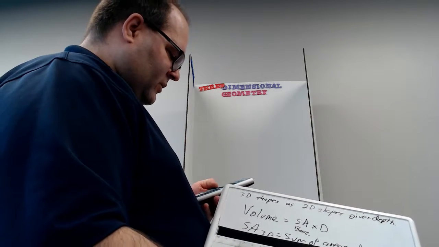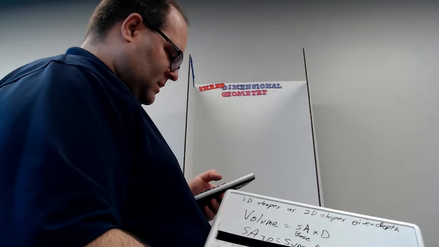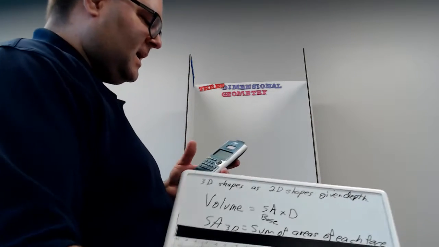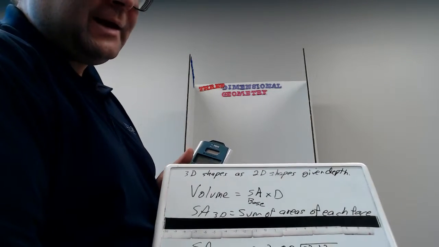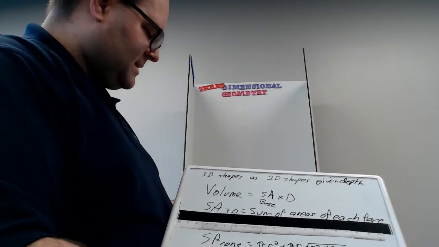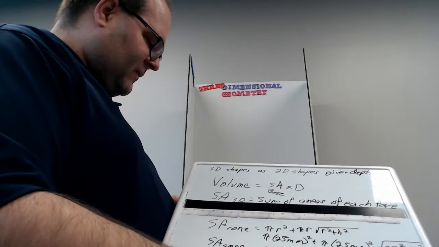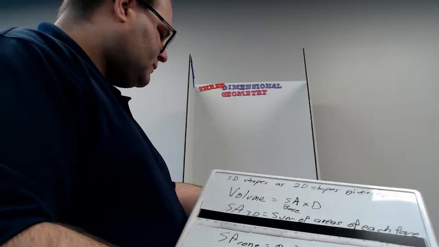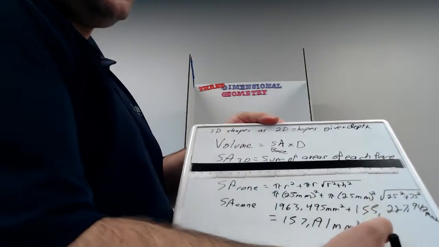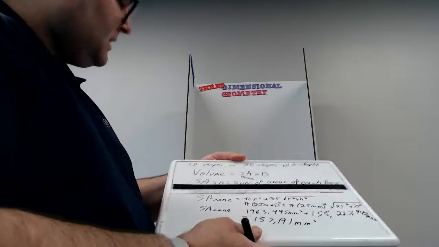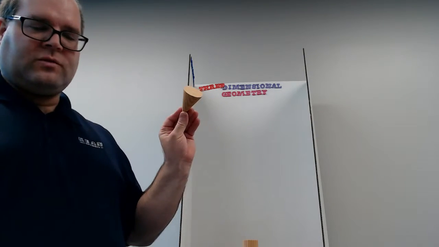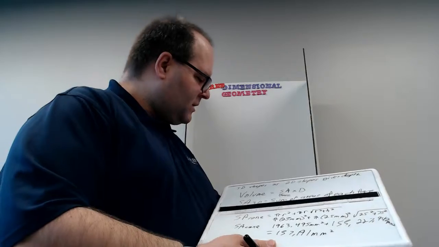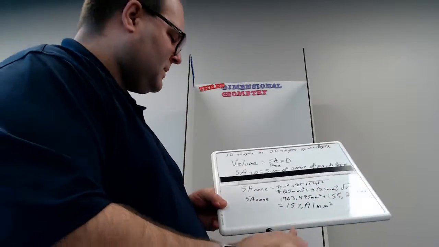The square root of that answer is just over 79, which we multiply against 625 times pi, and that's how we arrive at the 155,000. So the surface area of this cone is 157,191 square millimeters.